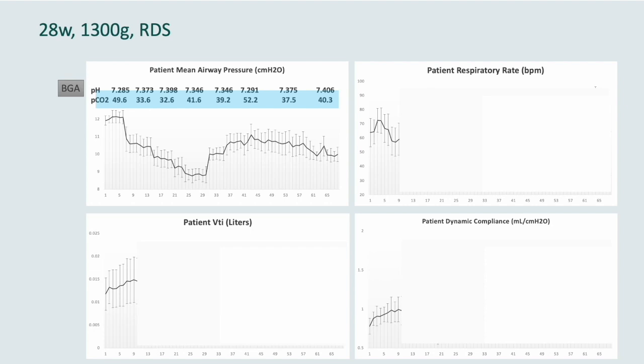The slide shows monitoring data for a baby born at 28 weeks of gestation with a birth weight of 1,300 grams and ventilated with SIMV. After the start of ventilation, respiratory rate in the upper right is decreasing, tidal volume in the lower left is increasing, and compliance in the lower right is improving.